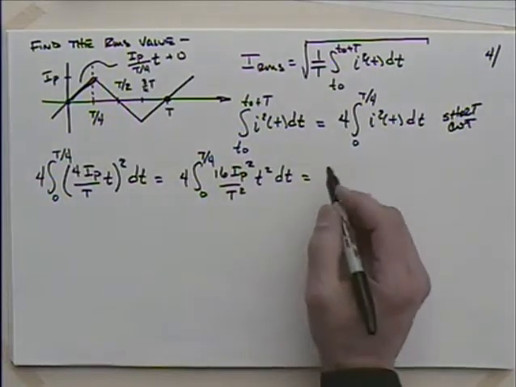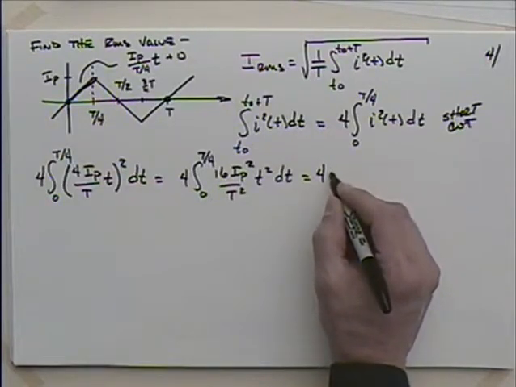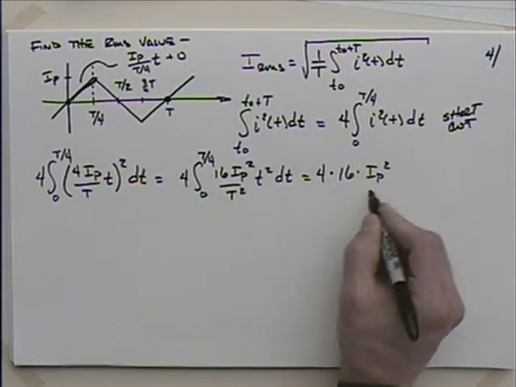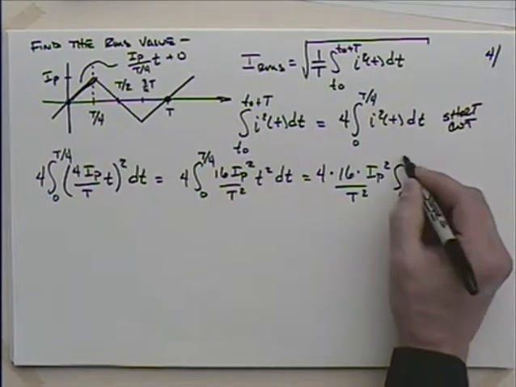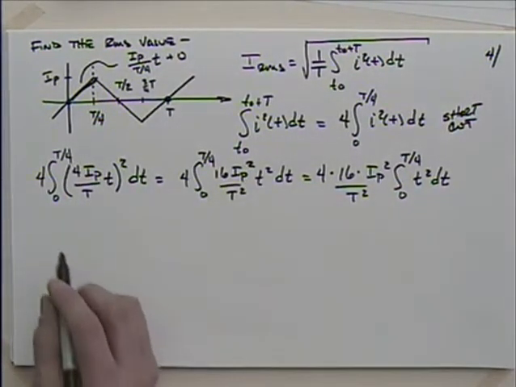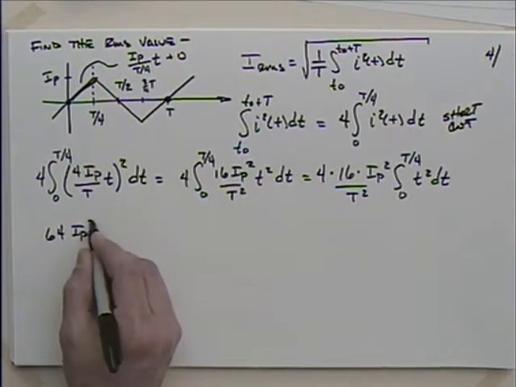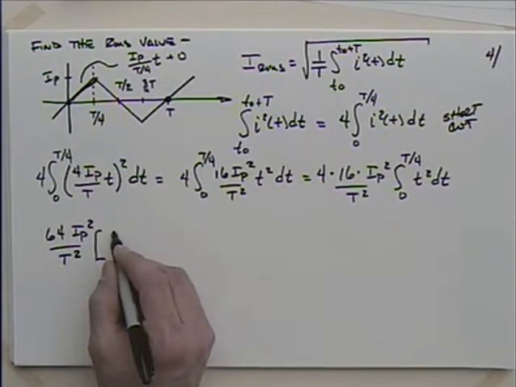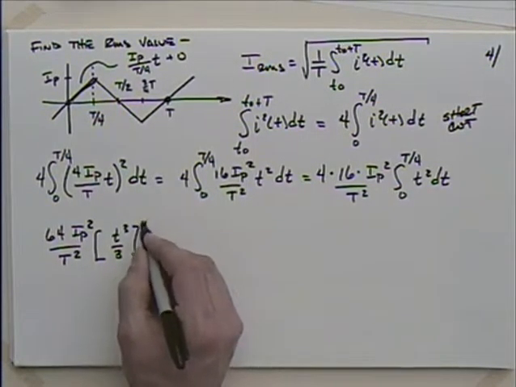So let's see, we've got then 4 times 16 as a constant. The peak value is a constant. T squared is a constant. So I really just have the integral from 0 to T over 4 of t squared dt. I think we can handle that. So we've got 64 peak value squared divided by T squared times t cubed divided by 3, evaluated at 0 and T over 4.